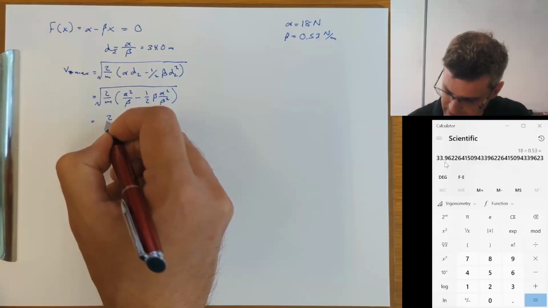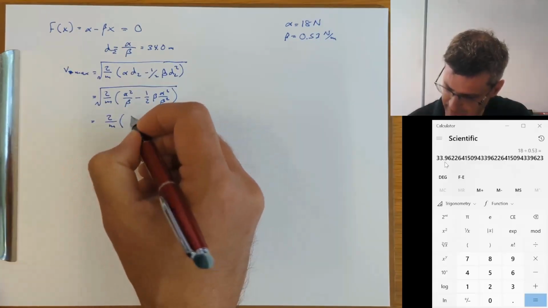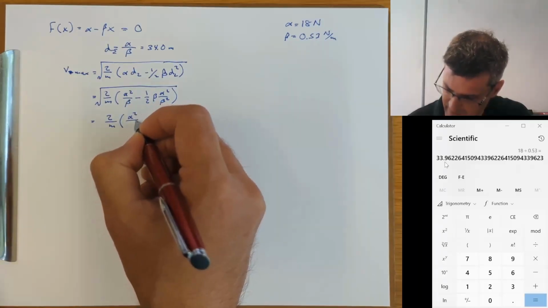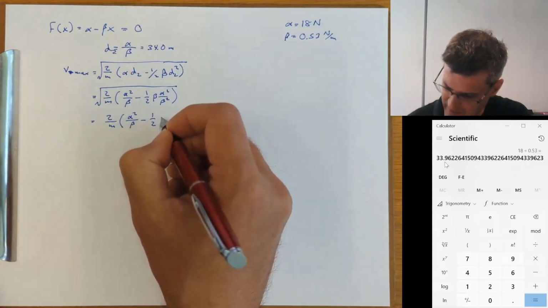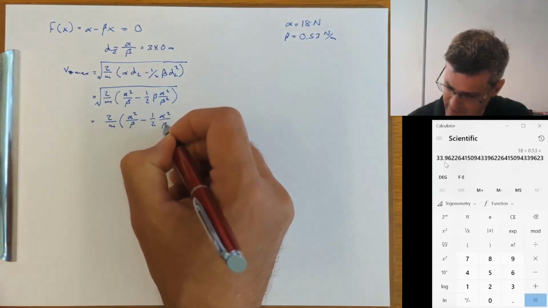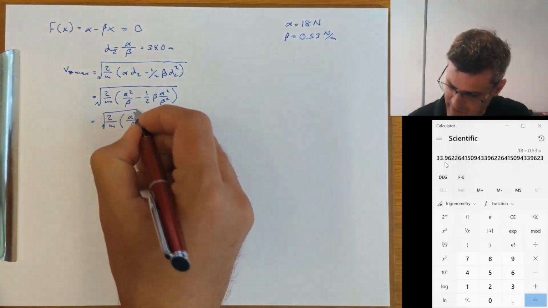This is 2 over m, alpha squared over beta minus 1/2 alpha squared over beta.